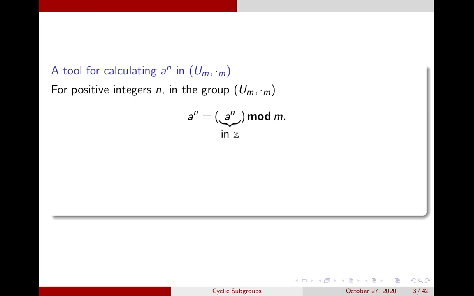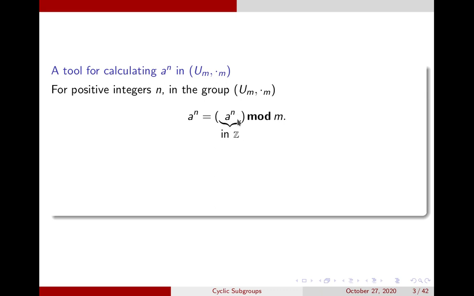This is something a lot of you discovered in our last writing project. If you take a positive integer n, in the group U sub m, a to the n is the same as a to the n calculated in the integers.